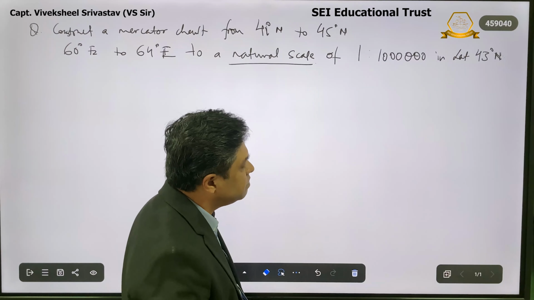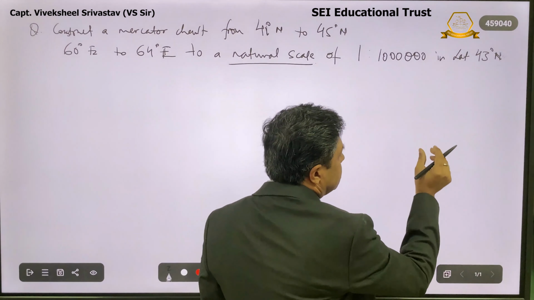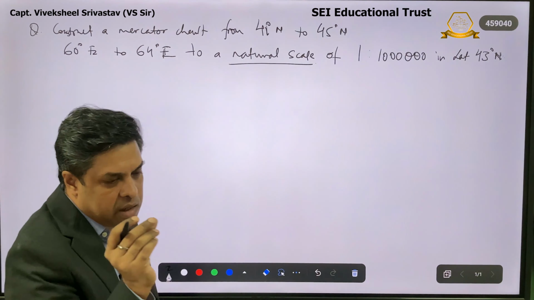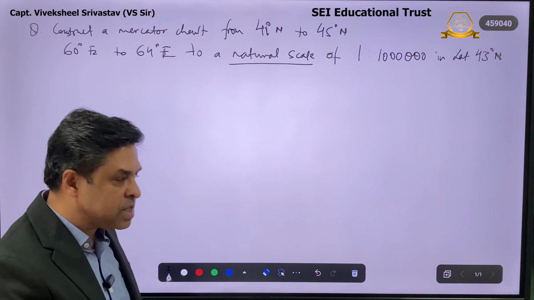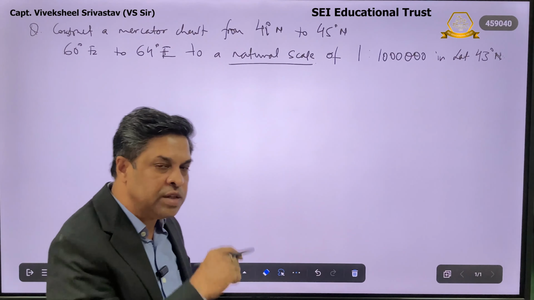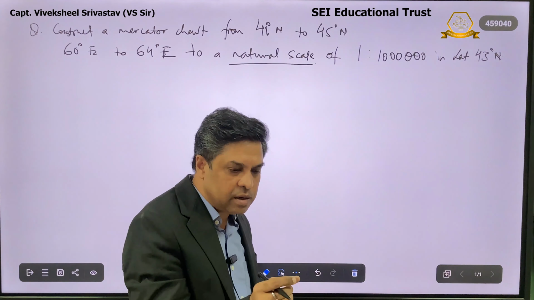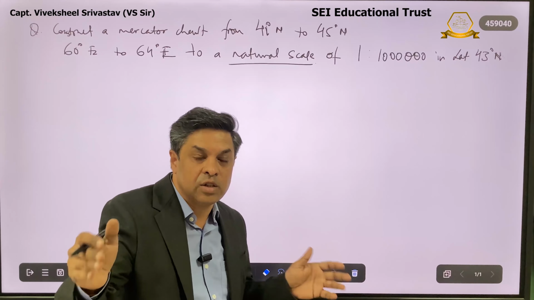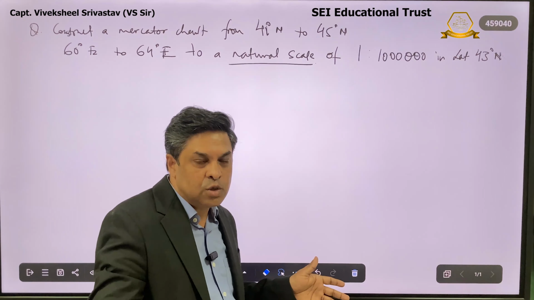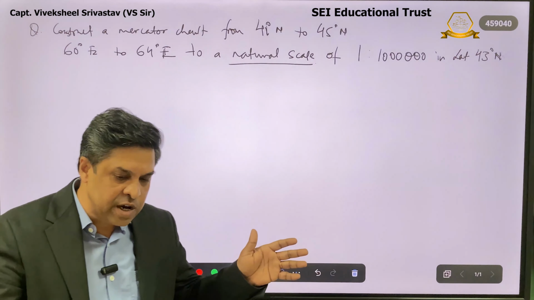A natural scale is how many units on the surface of the earth can be represented by 1 unit on the chart. So 1 centimeter on the chart is how many centimeters on the actual earth. And it defines how much area you can put on the chart.